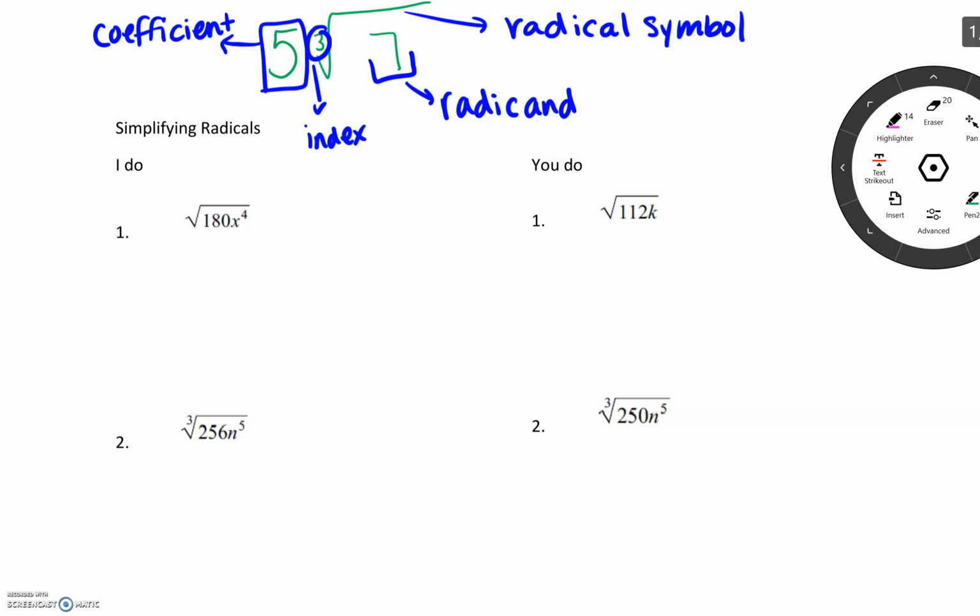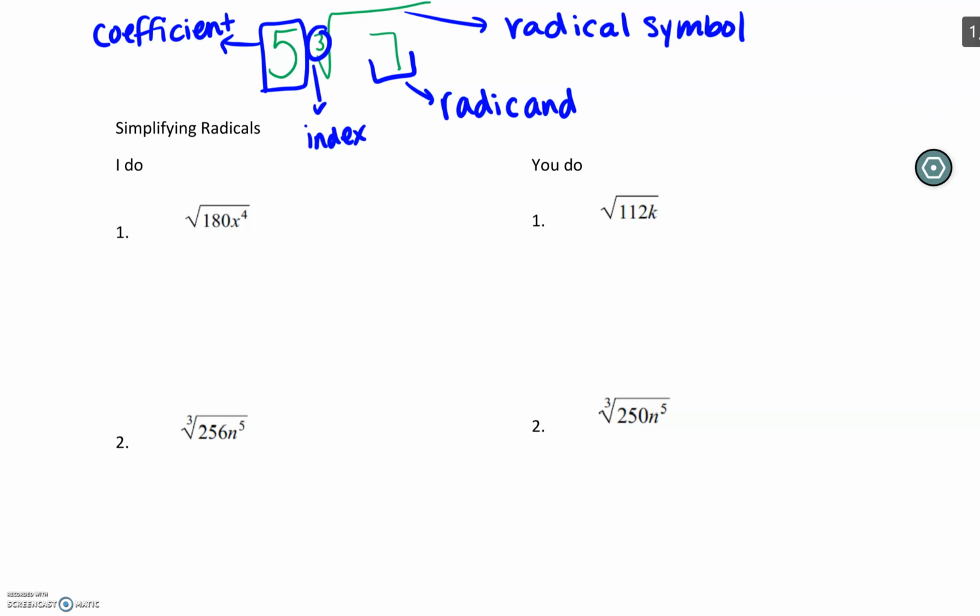For index numbers, it is good to note that for square roots, there is no index number written because it is understood. It's kind of like not writing a 1 in front of a variable. It's understood that that's what that is.